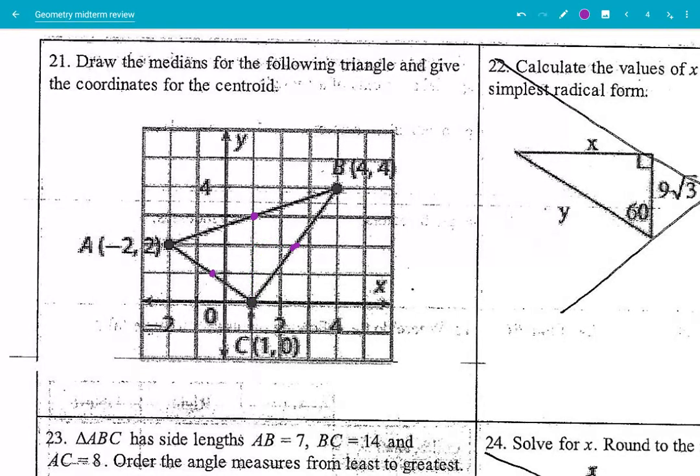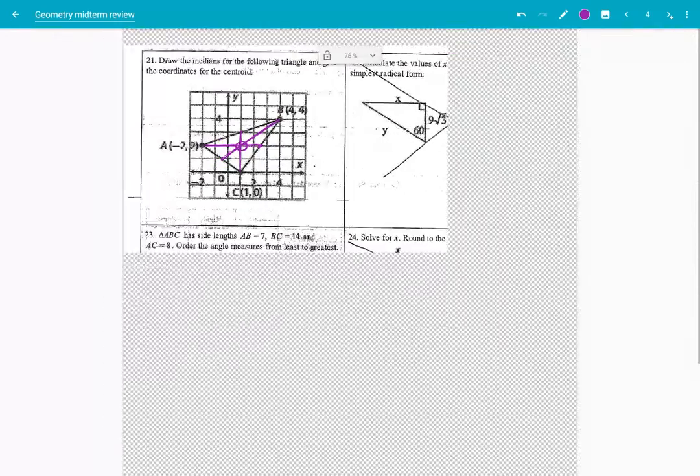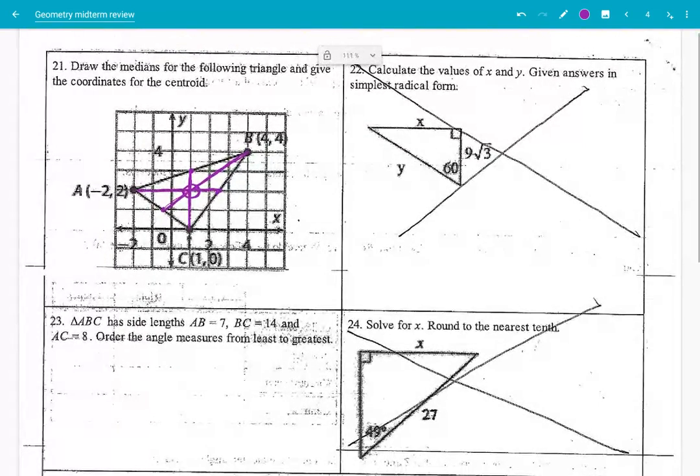And there it is. And if we draw in the medians, let's see, here's one median. There's another median. And there's the third. So there's our centroid right there. At, oh, this is so bad. I guess, is this the origin?